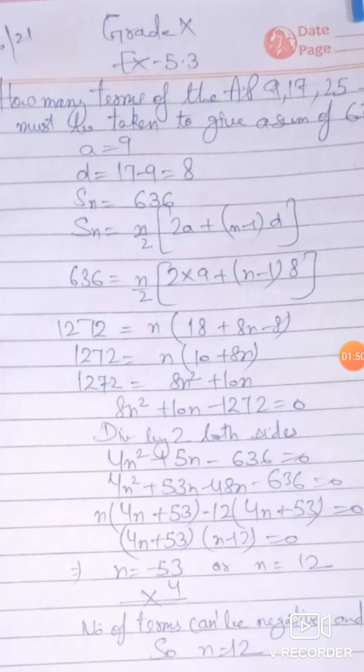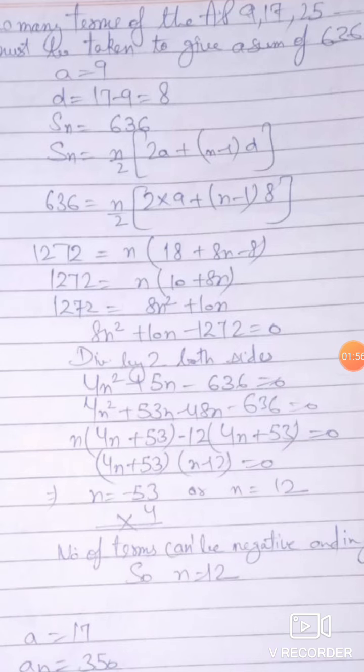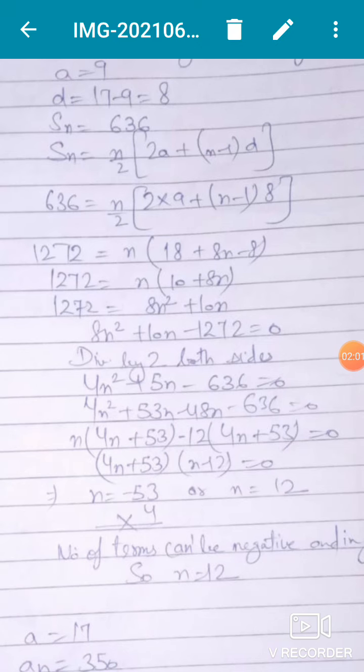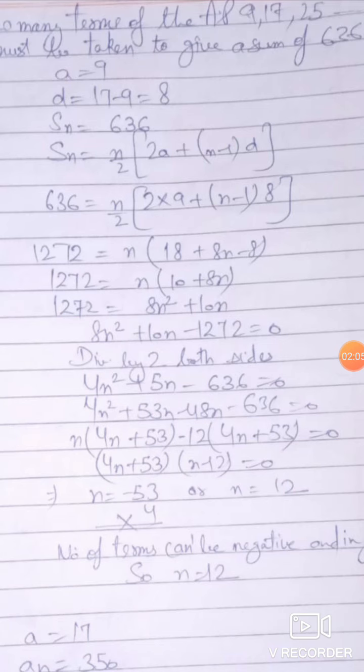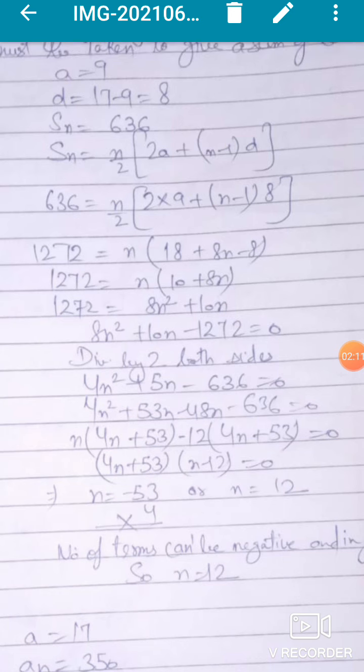Okay, values are put, solved, and after solving we get a quadratic equation. Look, after solving we have got a quadratic equation: 8n square plus 10n minus 1272. Clear? And we can see that all the three numbers in this equation can be divided by 2.